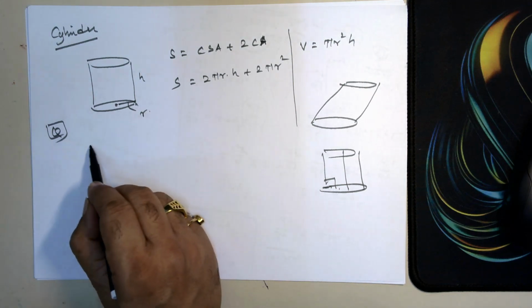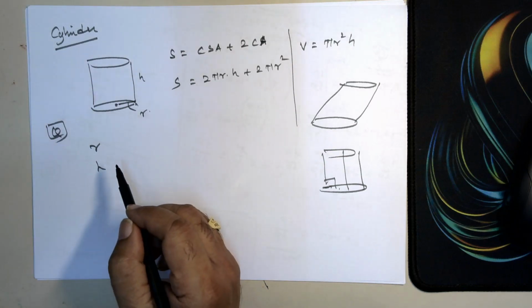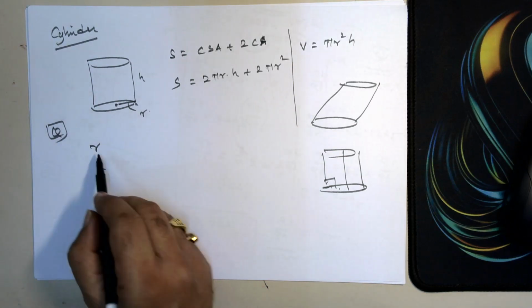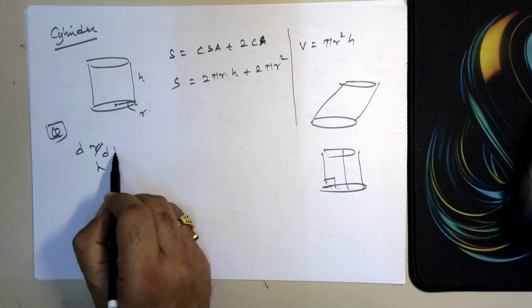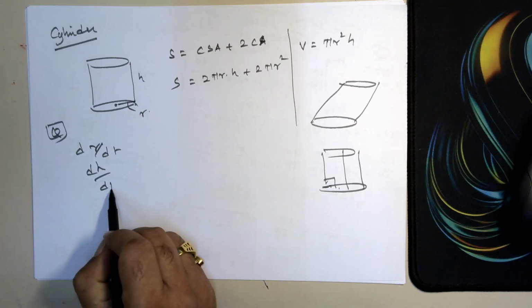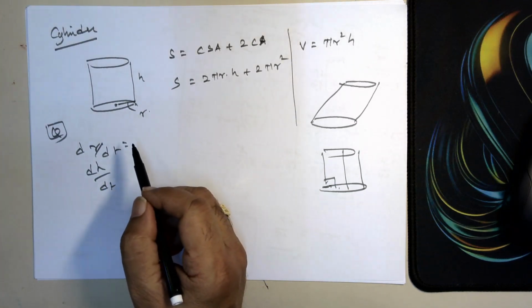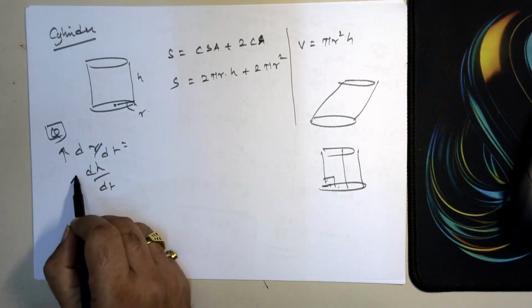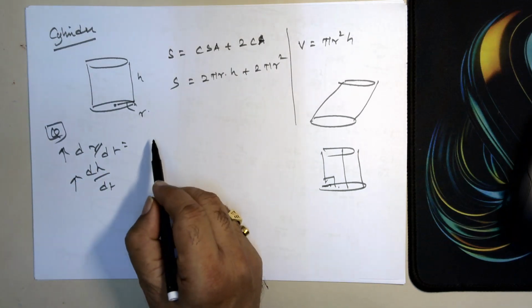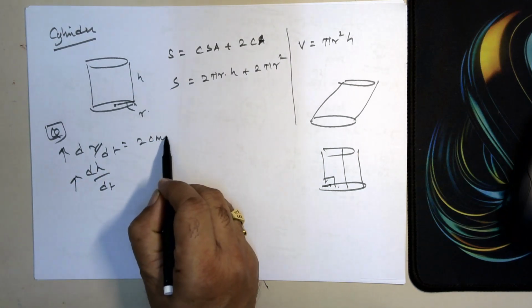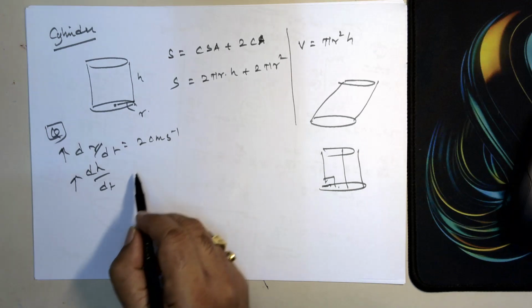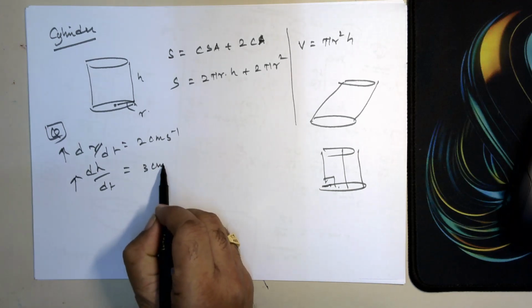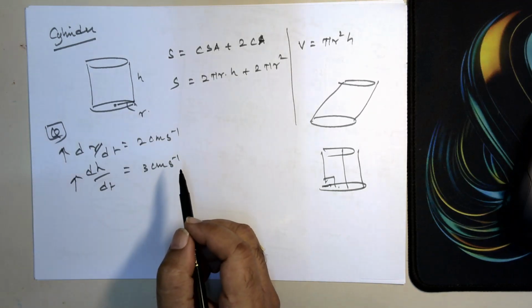So if the radius and the height of the variable right circular cylinder are increasing at the rate of dr by dt and dh by dt, both of them increasing, 2 centimeter per second for the radius, and what about the height? 3 centimeter per second, respectively.